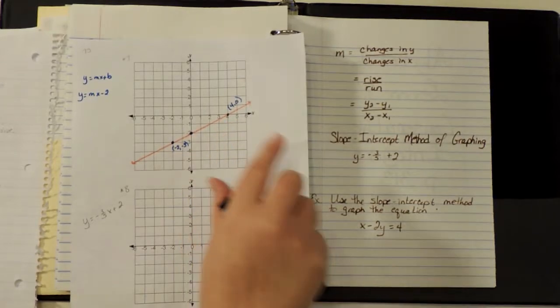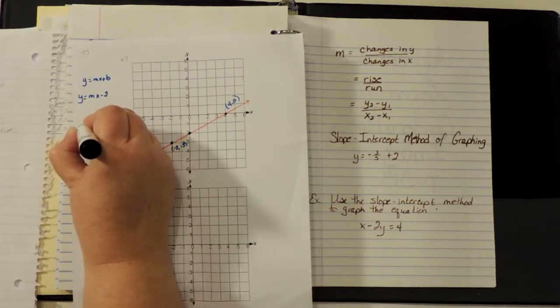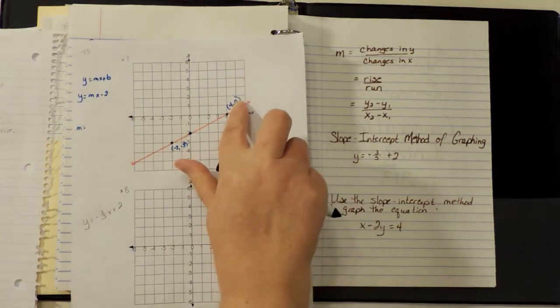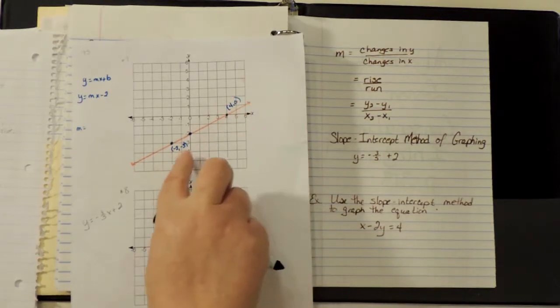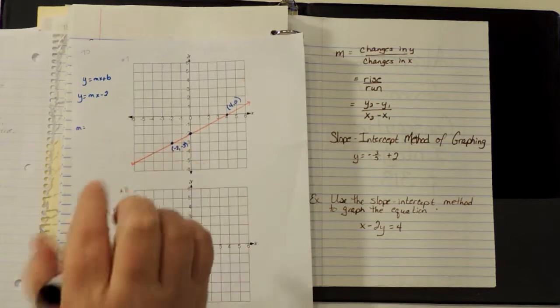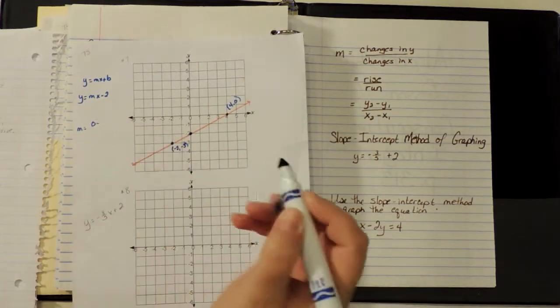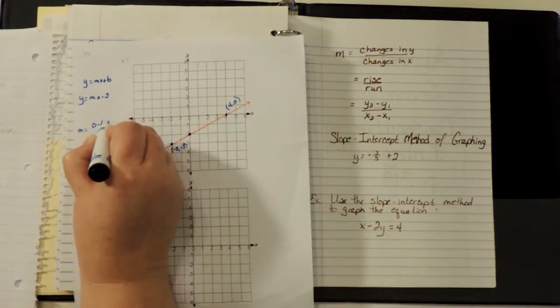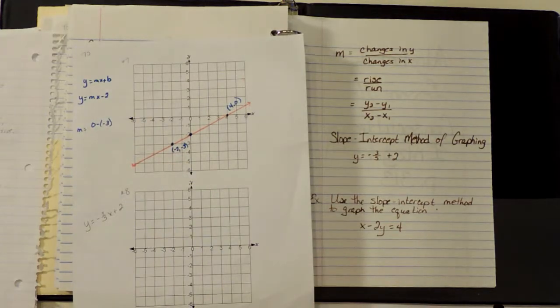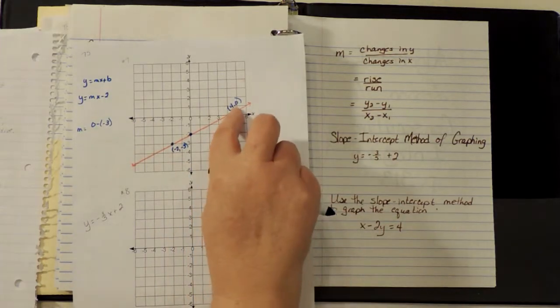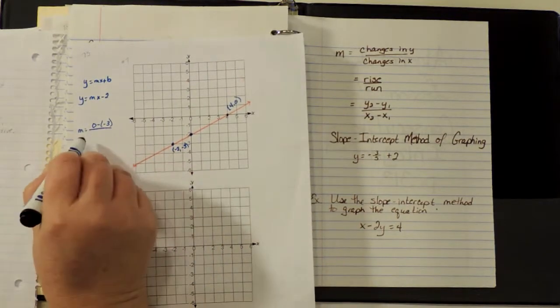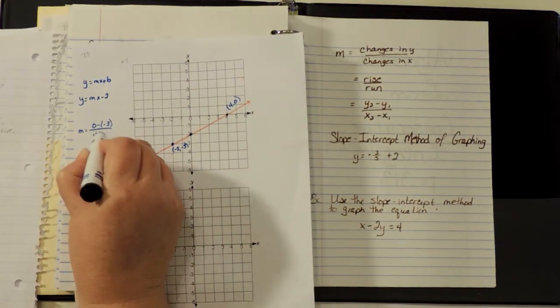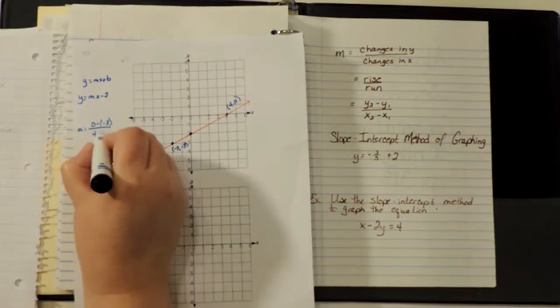So we're going to find our slope, we're going to do our rise over our run. We're going to start with point number 2. So the y's, y2 minus y1 will be 0 minus -3. Right? And our x's, we have x2 minus x1. So we have 4 minus -2.